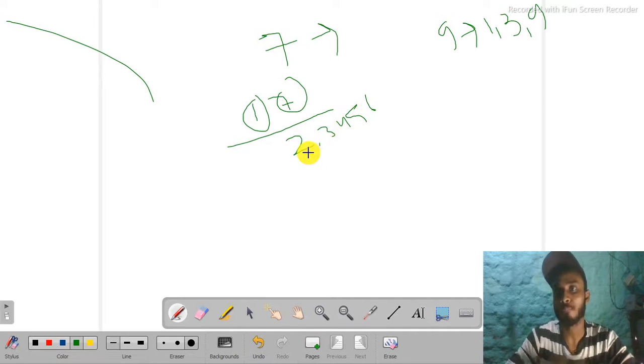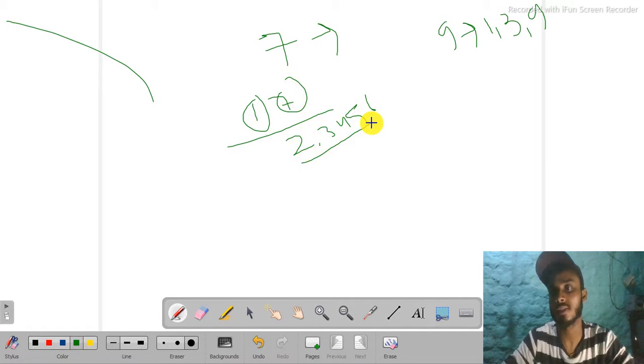If 7 is divisible by any of these numbers, then it is not a prime number, else it is a prime number.